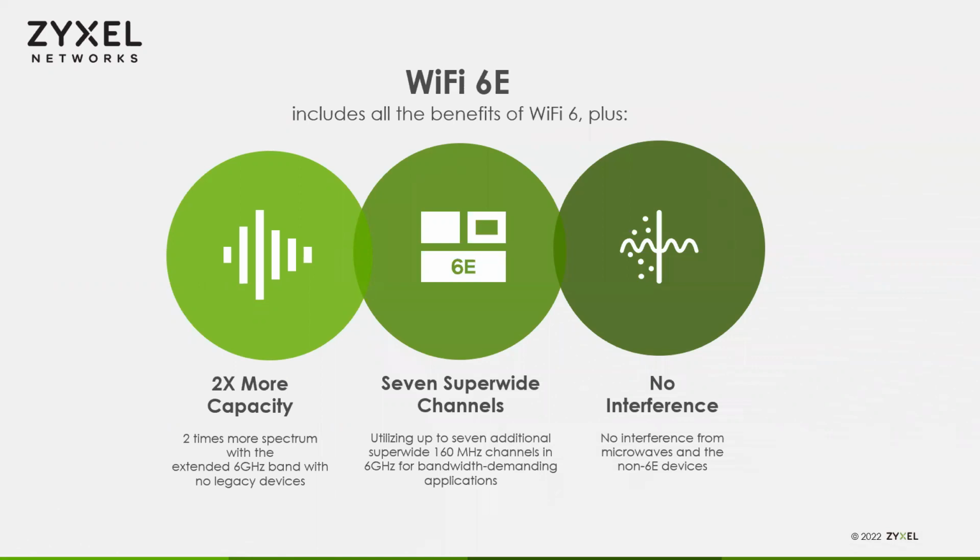Specifically, you can have 7 non-overlapping 160 megahertz channels in this 6 gigahertz space. And there's nothing else using 6 gigahertz at this point, with some very minor exceptions for outdoor usage. Because of that, there's not going to be a lot of interference. There are no 6 gigahertz Bluetooth devices, and there aren't any other devices around using 6 gigahertz that could cause interference.